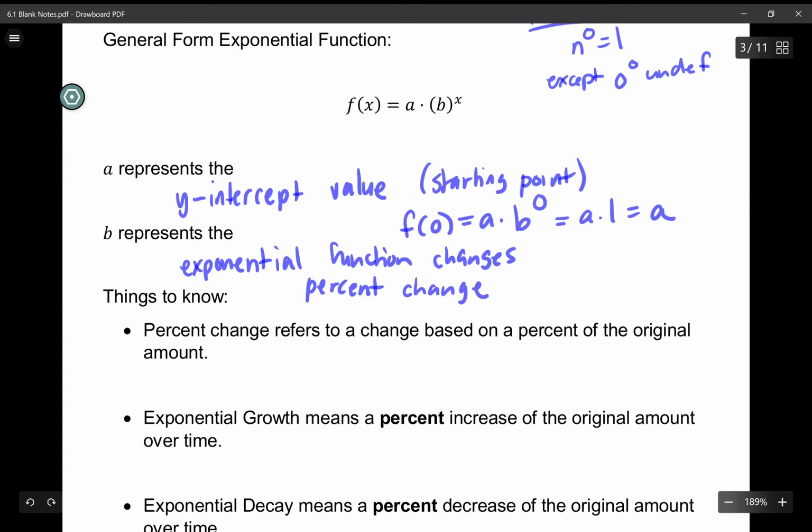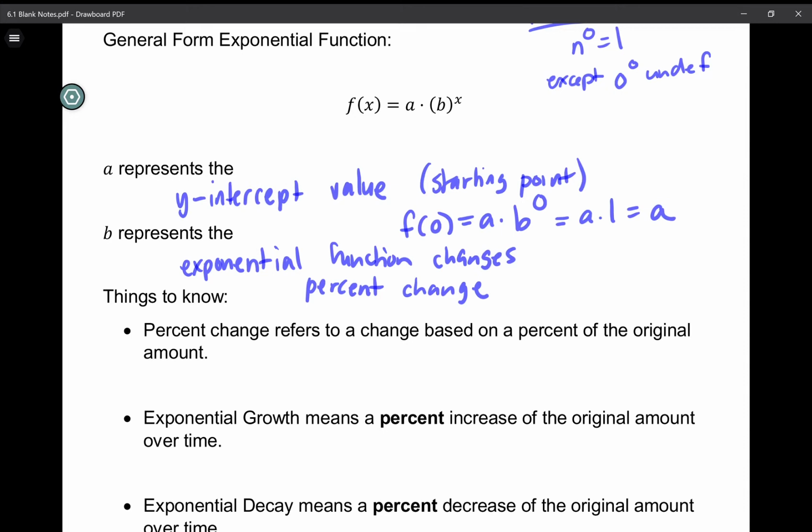So the percent change refers to a change based on the percent of the original amount. And we're going to practice with these, don't worry. If it's exponential growth, that means it's going to be a percent increase each year or each time unit. So if it's a 2% increase per year, it's 2% more than the previous year's value, 2% more.